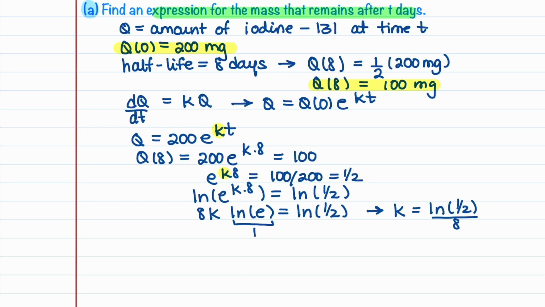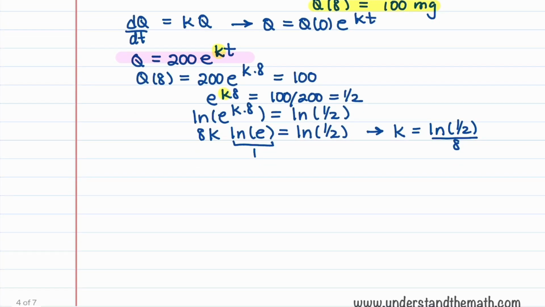Now we're going to go back up to this expression right here, and we're going to substitute in that k is natural log 1/2 over 8. So we have Q of t is 200 times e^((1/8) ln(1/2) t). Now let's regroup what is in our exponent.